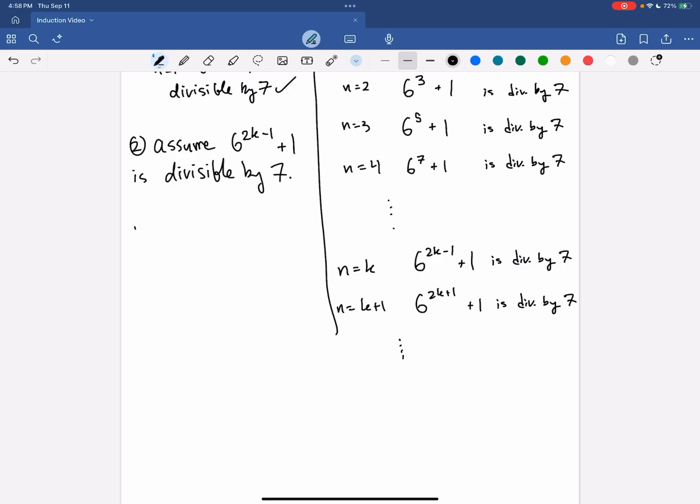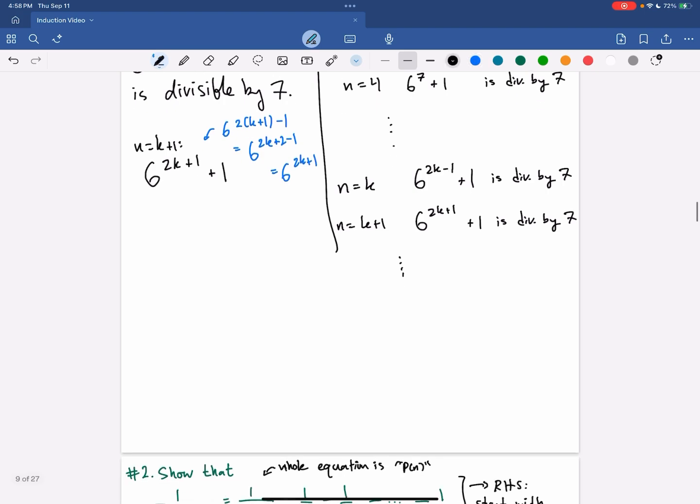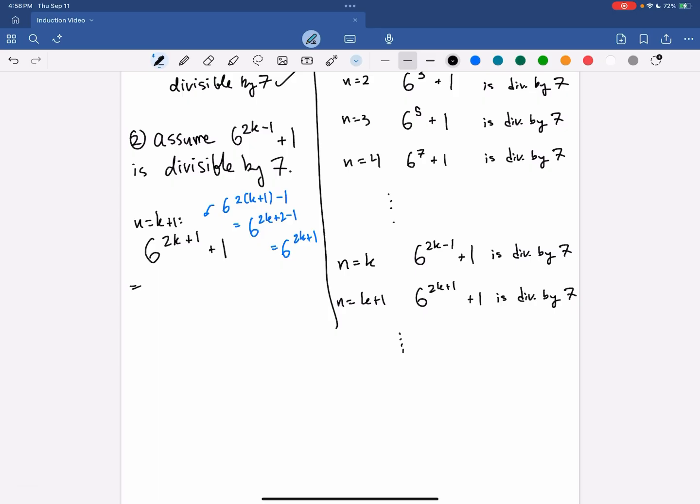And now the number for n equal to k plus 1 is 6 to the 2k plus 1 plus 1. And I get this because 6 to the 2(k+1) minus 1 is equal to 6 to the 2k plus 2 minus 1, which is equal to 6 to the 2k plus 1. That's how that happens.